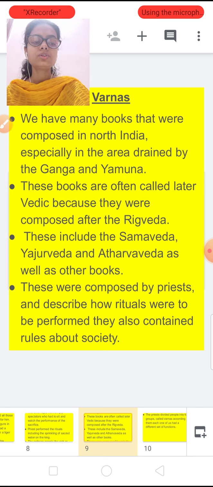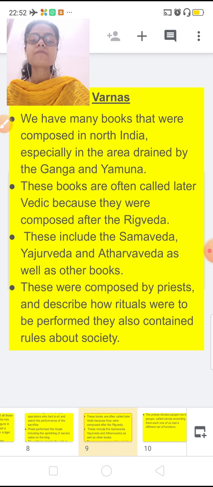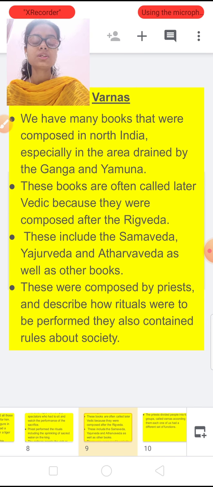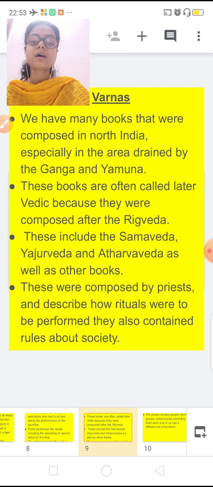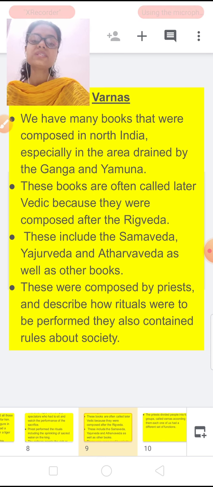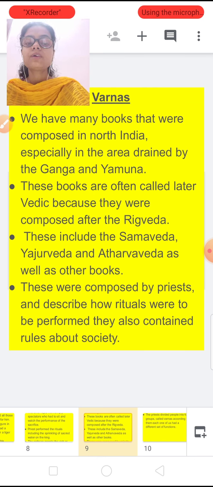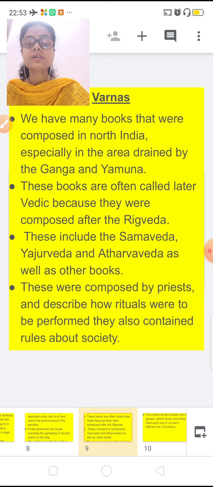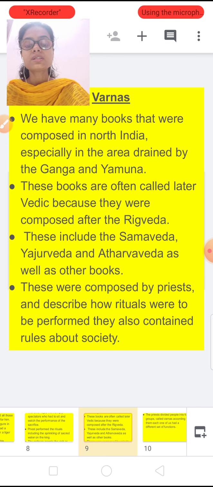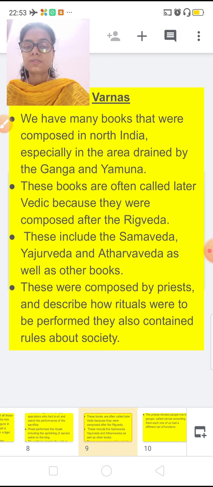Now everybody knows that we have many books that were composed in North India, especially in the area drained by the Ganga and Yamuna. And these books are some related with rules and regulations and some important information. Now, in the topic of Varnas, we'll talk about the books, and afterwards we see how our society was divided into different groups.